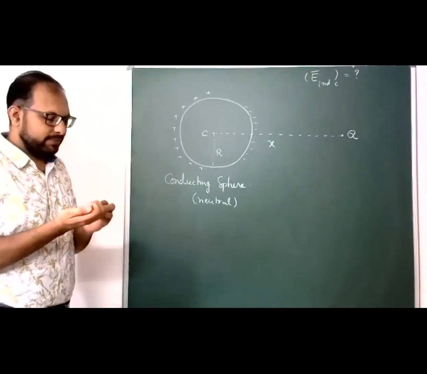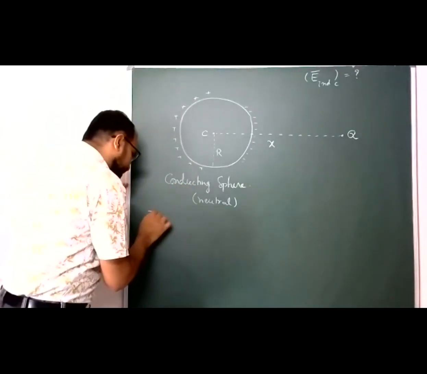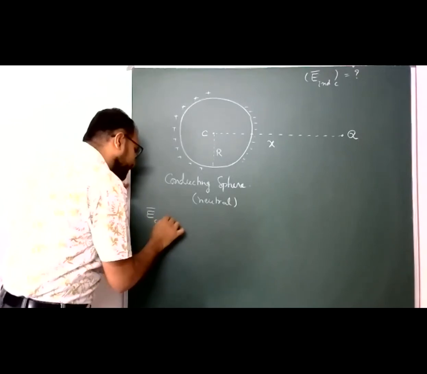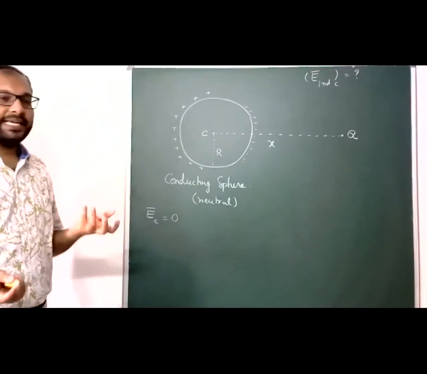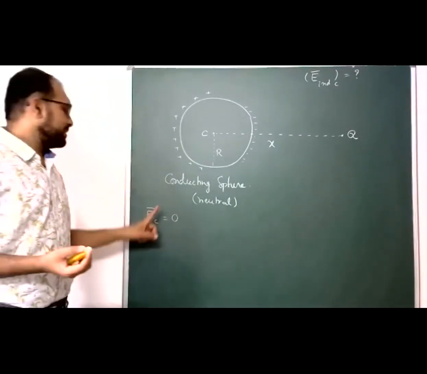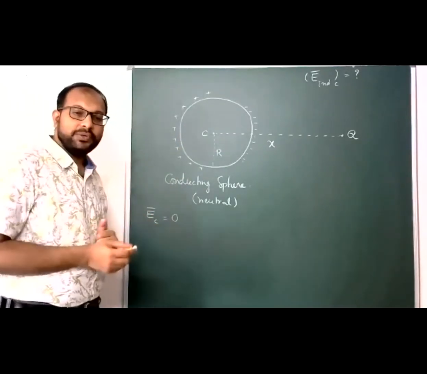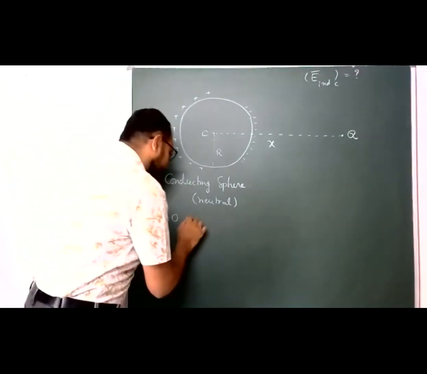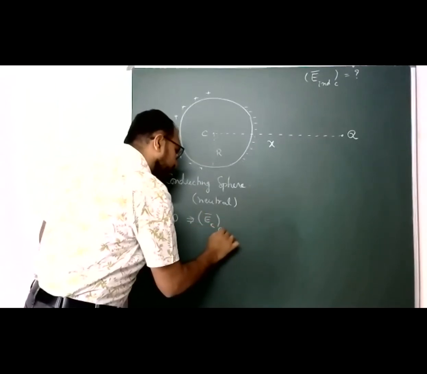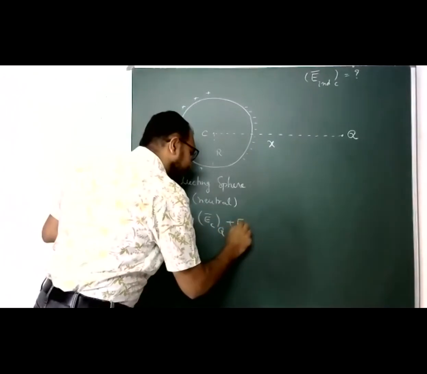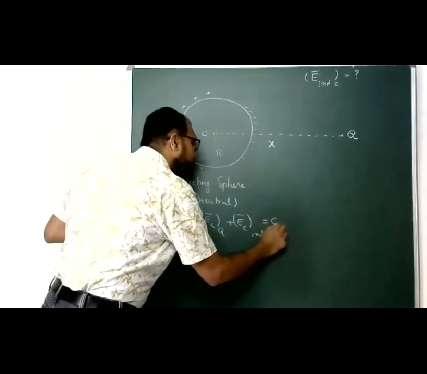But students, we know inside this conducting sphere, net electric field at point C is 0 because of electric shielding. Yes, here inside any place if you take, net electric field is 0. But here net electric field means electric field at point C due to capital Q plus electric field at point C due to induced equal to 0.